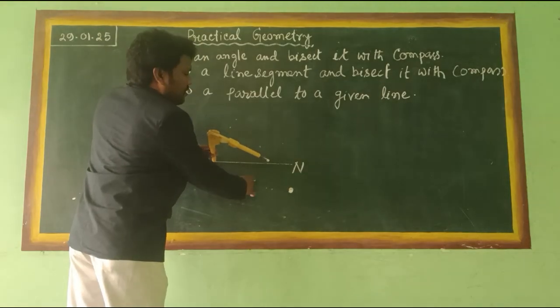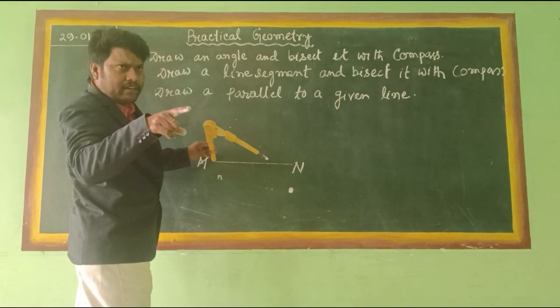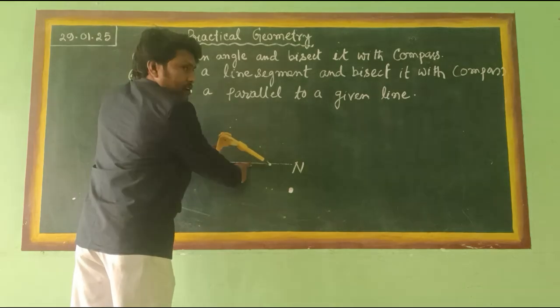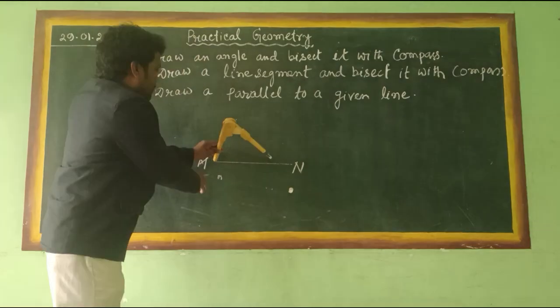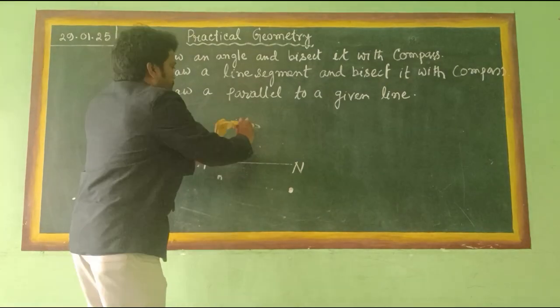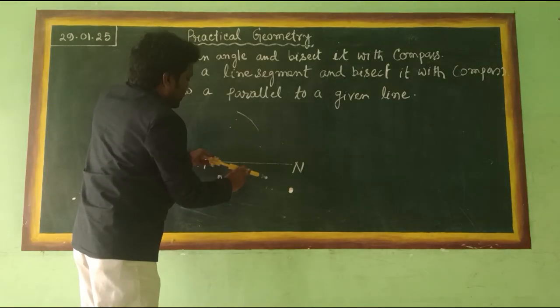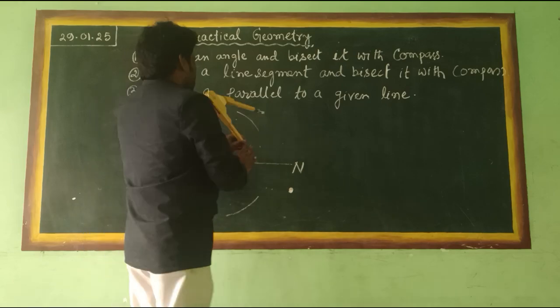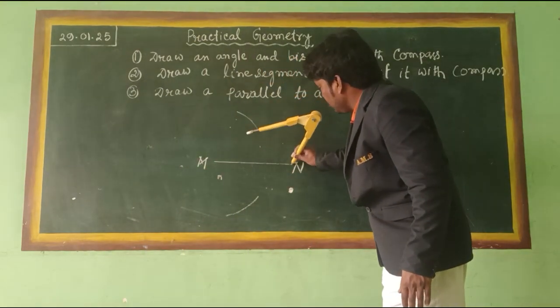Half means, suppose here I have taken 14 centimeter, so half means 7 centimeter. Then I have taken greater than 7 centimeter. Then place the needle on the left hand point and make an arc on either side, also without changing the measure.